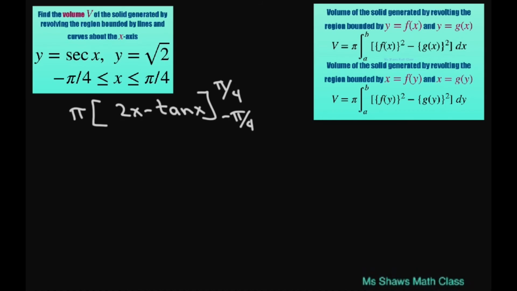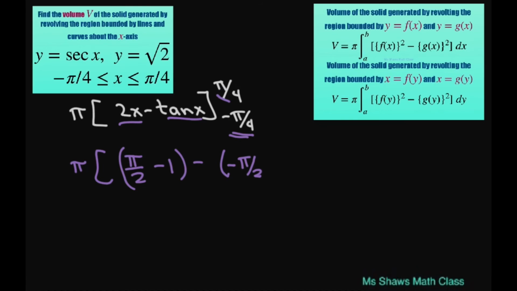Okay, so starting at pi divided by 4, this is going to give you pi, and then for this piece, you get pi divided by 2. Tan of pi divided by 4 is 1. So you have minus 1. Minus, and then when you substitute negative pi divided by 4, you're going to get negative pi divided by 2.